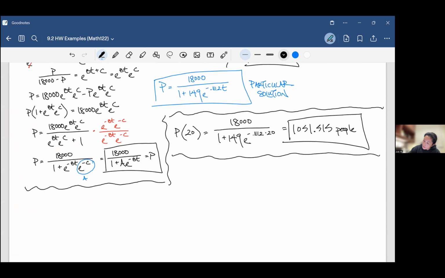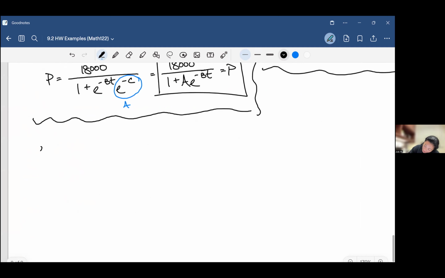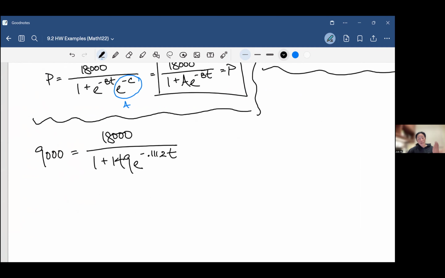Okay. So, how do we do that? Well, for our P, we're going to put 9,000 because 9,000 is half of that 18,000. And so I'm going to get 9,000 equals 18,000 over 1 plus 149 e to the negative 0.1112 t. And I'm going to use my algebra skills to solve for t.